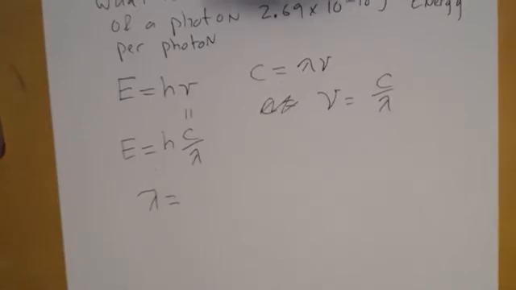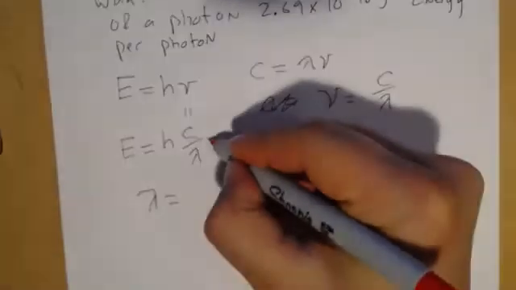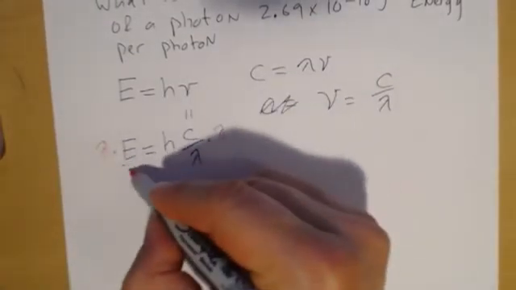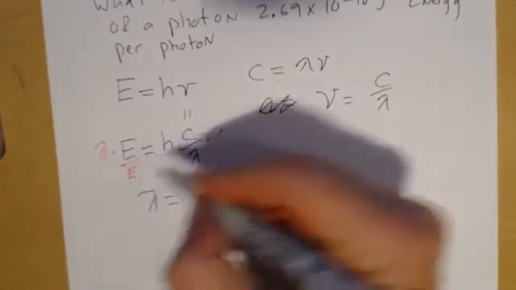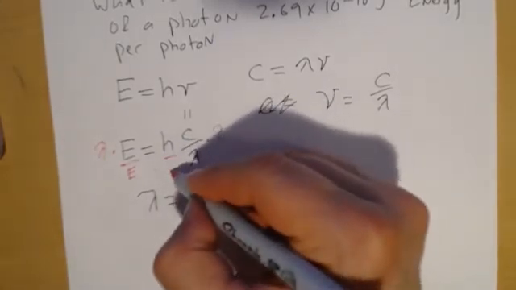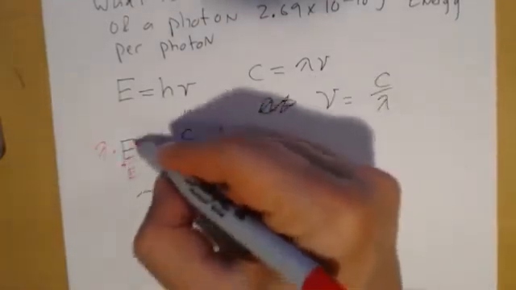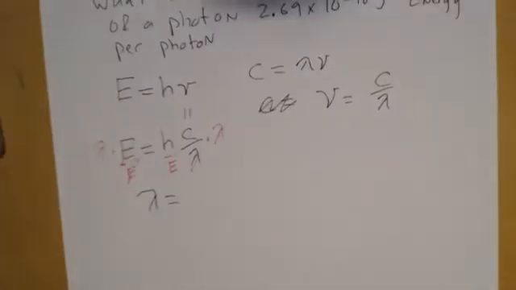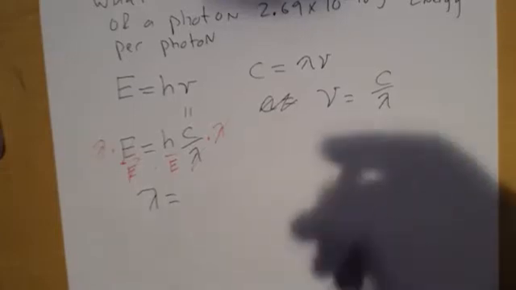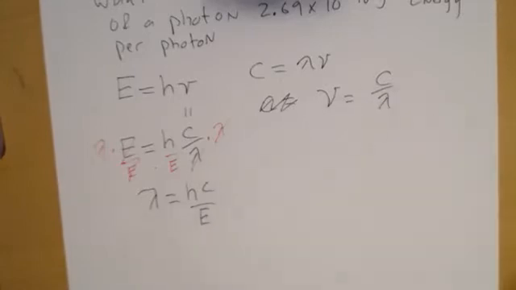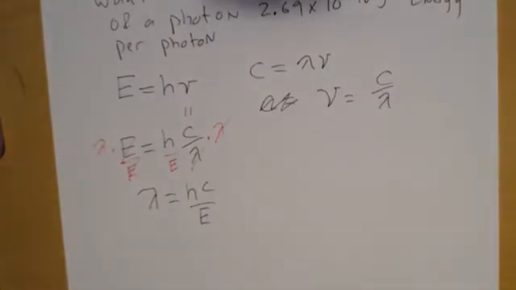Yeah, or it would be hc over E actually, because I want to get lambda on the top, right? And I want to divide by E on both sides. Yeah, and then that cancels and that cancels. So we get lambda is equal to hc divided by E.